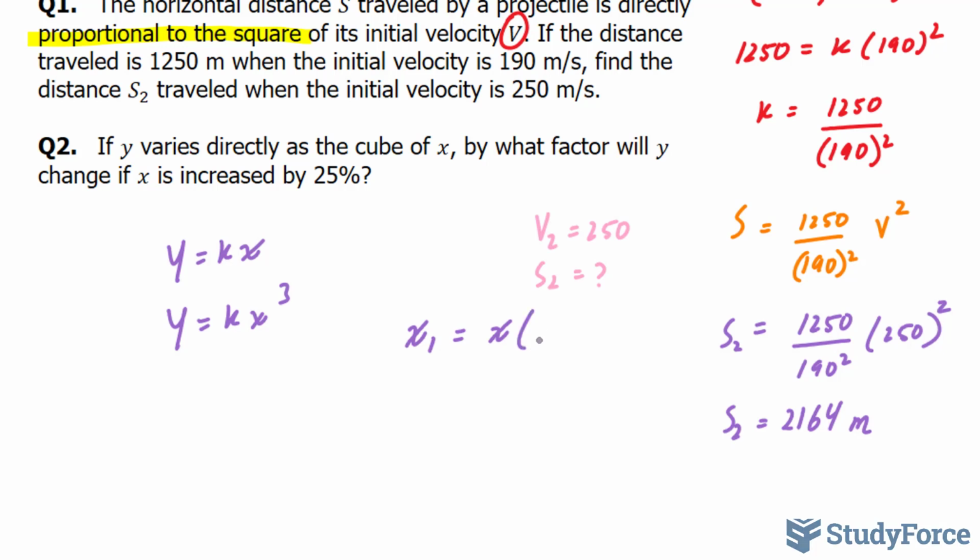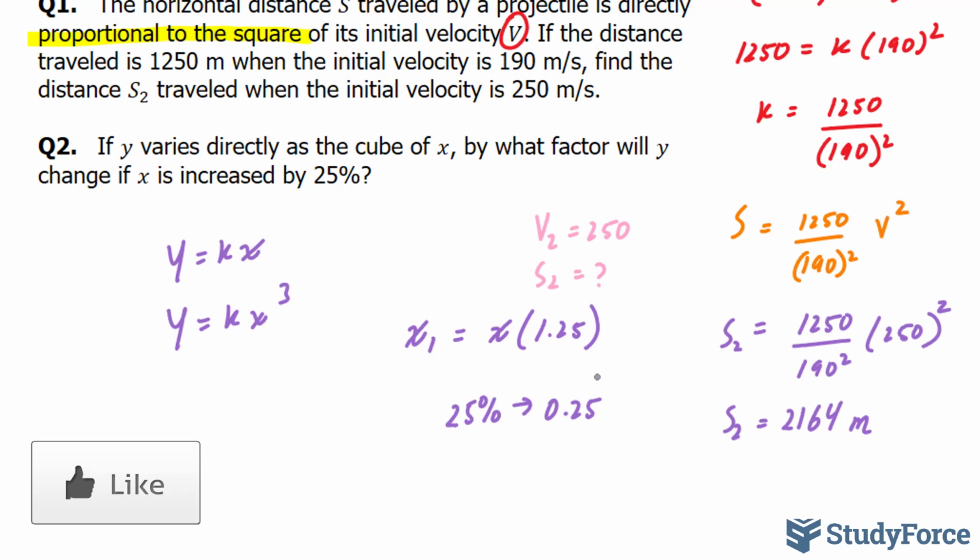x times 1.25. And the way I derived 1.25 is that 25% as a decimal is 0.25. And since the initial x is being increased, we are keeping the initial x and adding 0.25 to it.